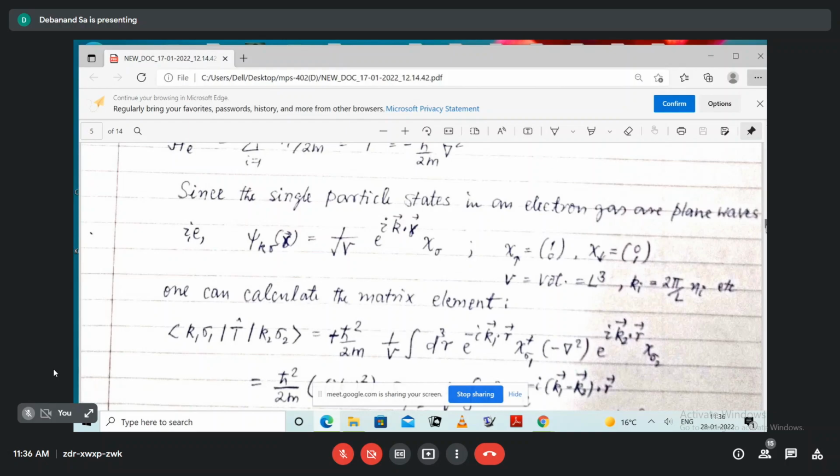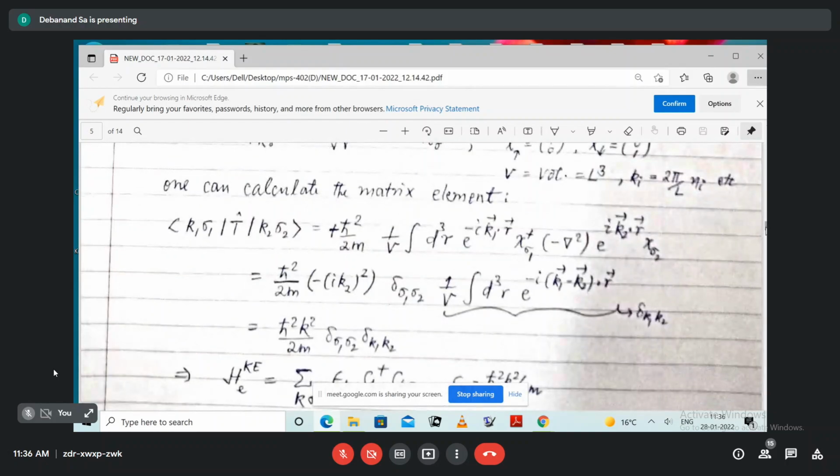Now the matrix element of the kinetic energy operator, we can calculate it. In my kinetic energy Hamiltonian, I have ItJ, then Ci dagger Cj, and then the sum over ij. So for I and J, I can take the K1, K2 basis, because here you already know the basis.